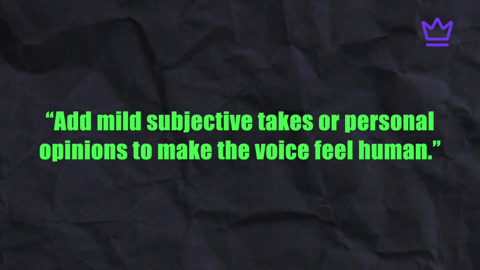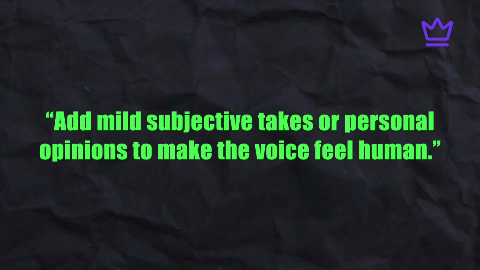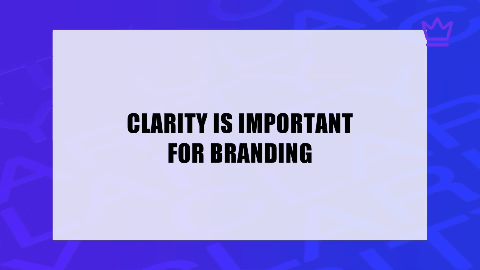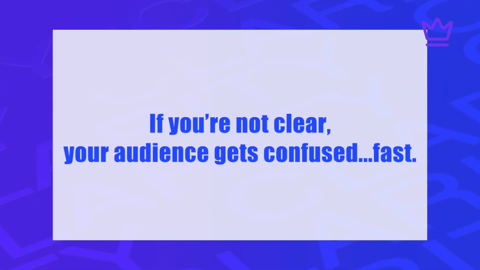So in your prompt, you can include: add mild subjective takes or personal opinions to make the voice feel human. This one is a prompt level fix and it works great for both content formats. It turns something like "clarity is important for branding" into "if you're not clear, your audience gets confused fast." Both of these lines are saying the same thing, but in your opinion, which one is more sticky?